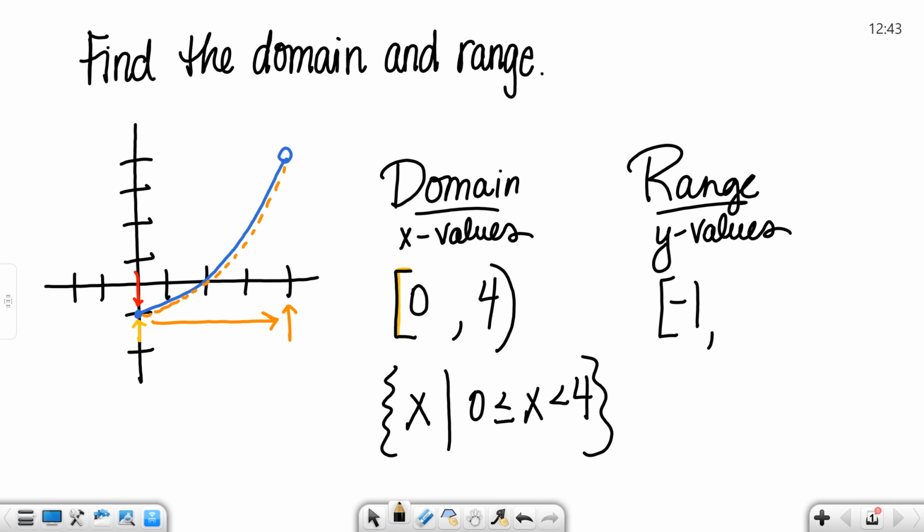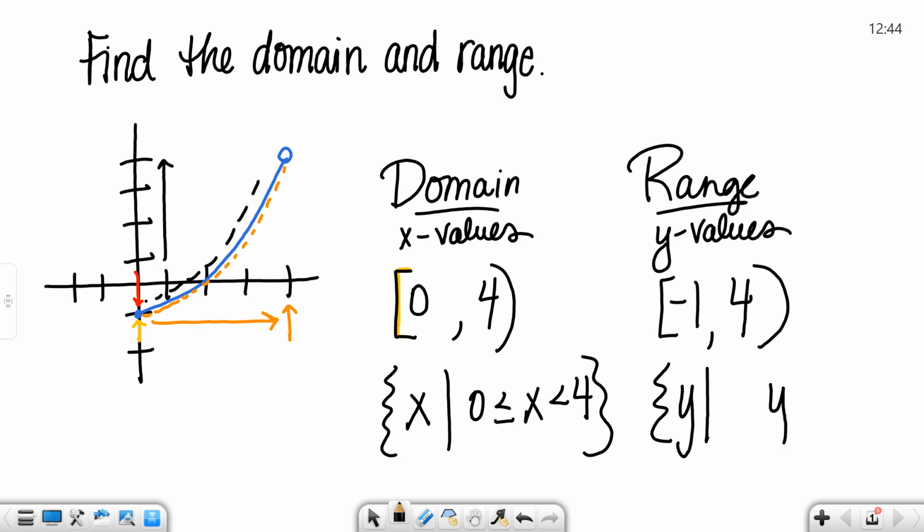Now I follow along the curve, moving upward, and I find a y value of also 4 in this case, but it is not equal to 4. So set builder, this time these are y values, so I have to use the letter y, such that y is between -1 and 4. Notice I put an equal to beside the -1.